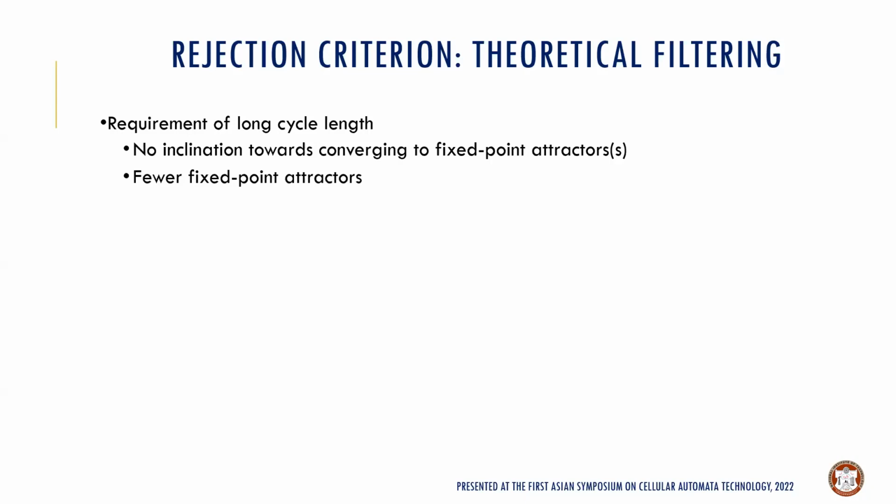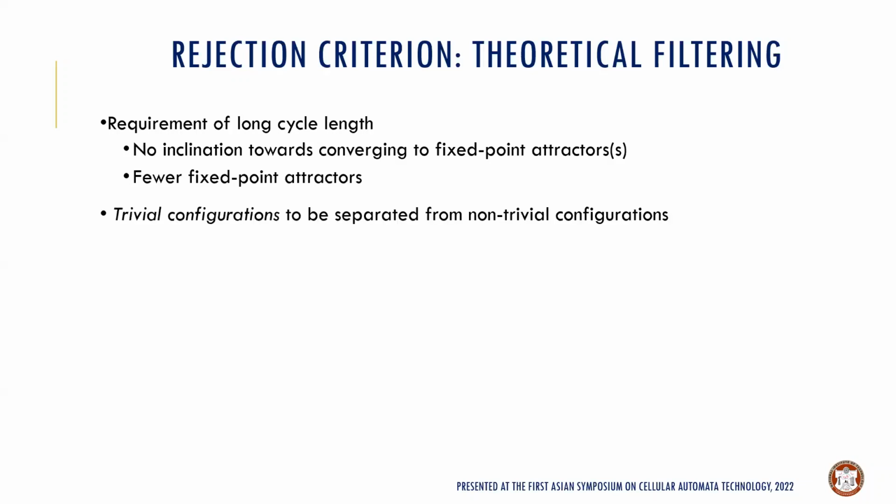We want only small cycles, that is the fixed point attractors, single length cycles rather, having only trivial configurations like all zero, 0 to the power n, 1 to the power n, and so on. These are the trivial configurations which we want to be separate from the non-trivial configurations, and the non-trivial configurations form some cycles.